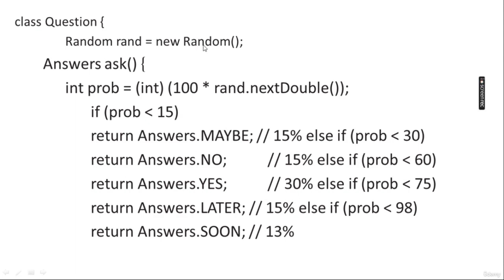Now, we are taking a random number as in the previous example. Answers ask, int probability is equal to int of 100 into rand dot nextDouble. So nextDouble will give us a value between 0 and 1, and this will be multiplied by 100, converted to integer and saved into probability. If probability is less than 15, return Answers dot maybe.